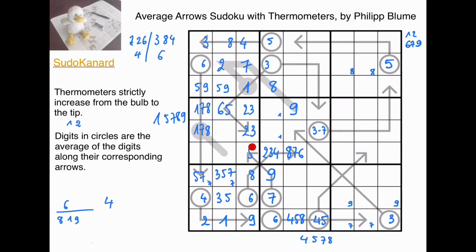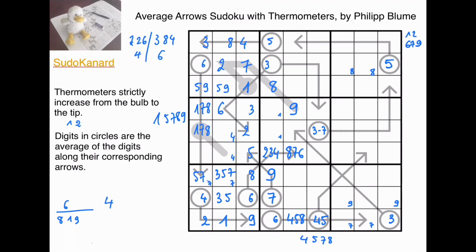Oh, there's a 5 here, sorry. So that's a 6, and that's a 2, and that's a 3. So there's a 4 somewhere in those cells. This is 1, 7, 8, or 9.